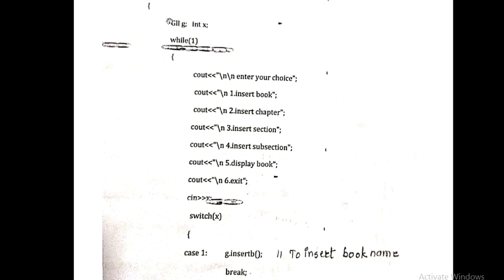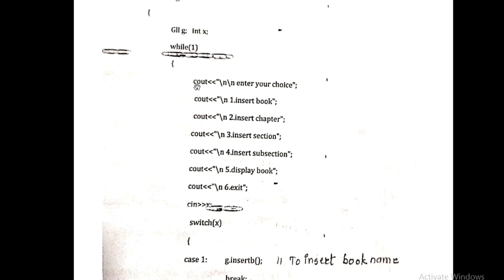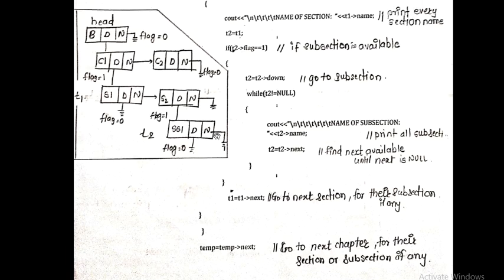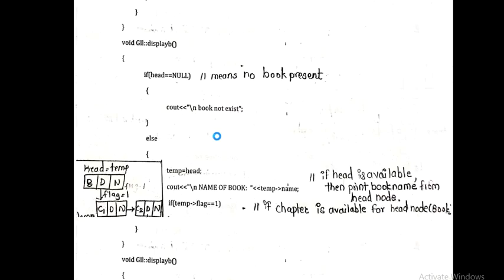Whenever a choice is given, for example the user calls the function insert b, the control will go to insert b. But before that, whenever it encounters commands like cout and cin, it checks whether the header file required for these output and input functions is available or not. Then our control goes towards the header files.